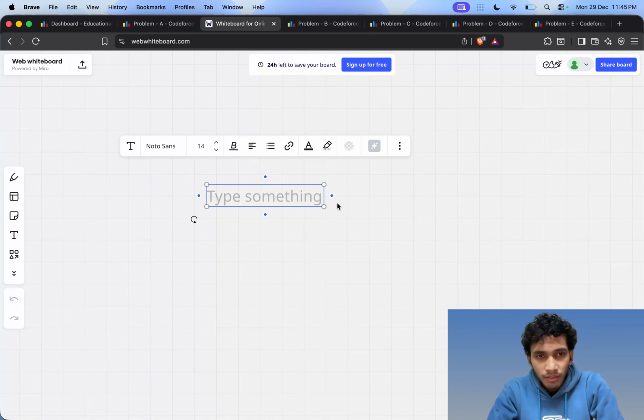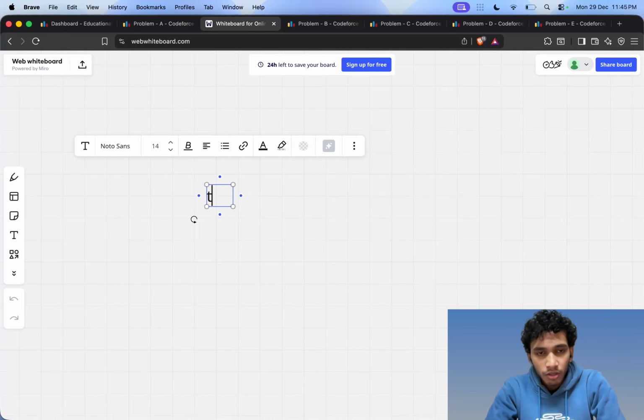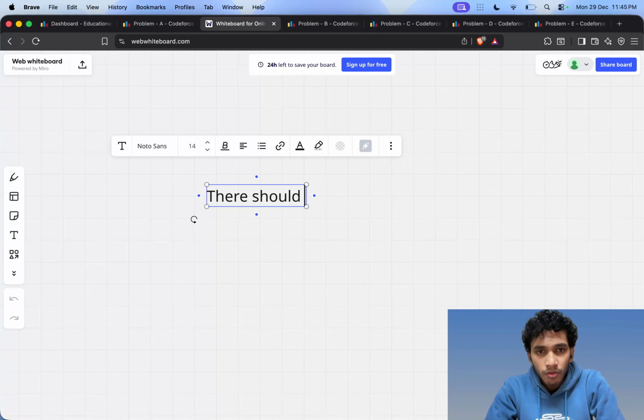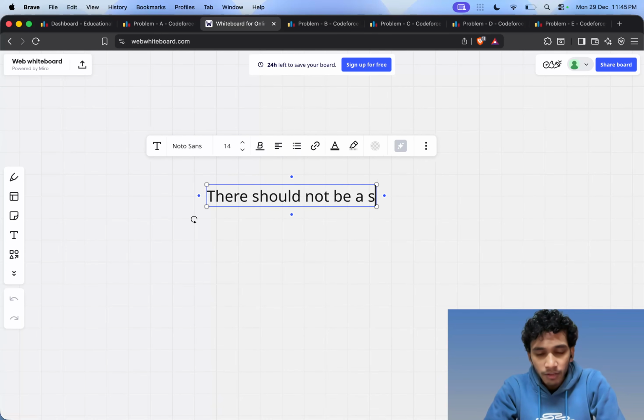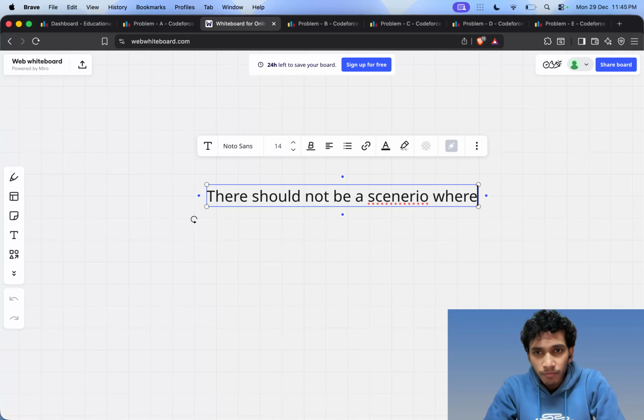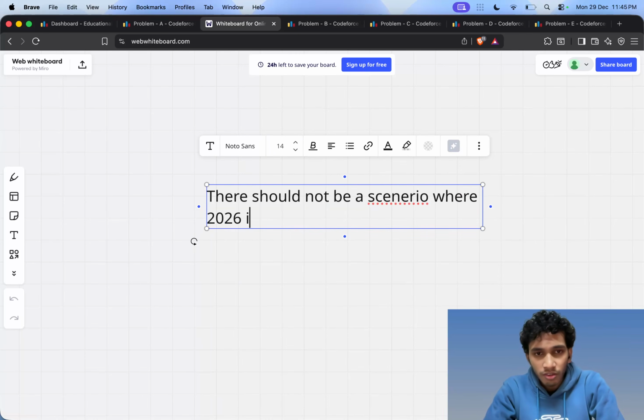We analyze that there should not be a scenario where 2026 is absent and 2025 is present.